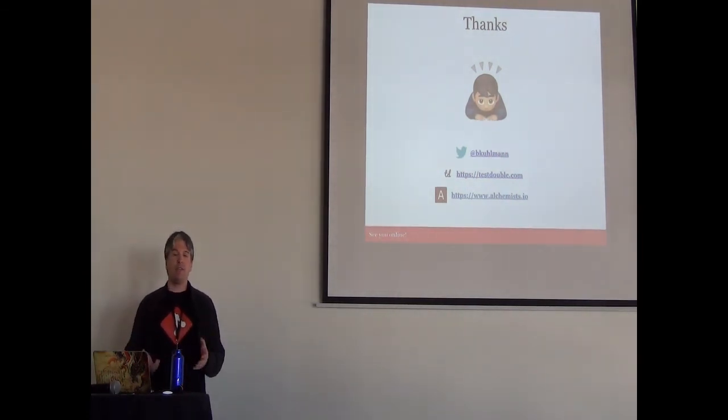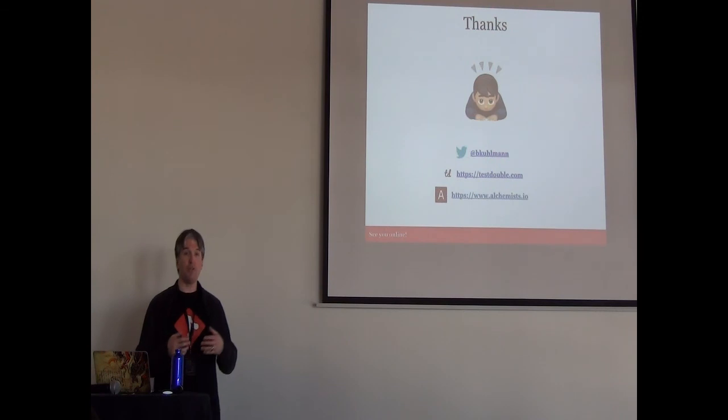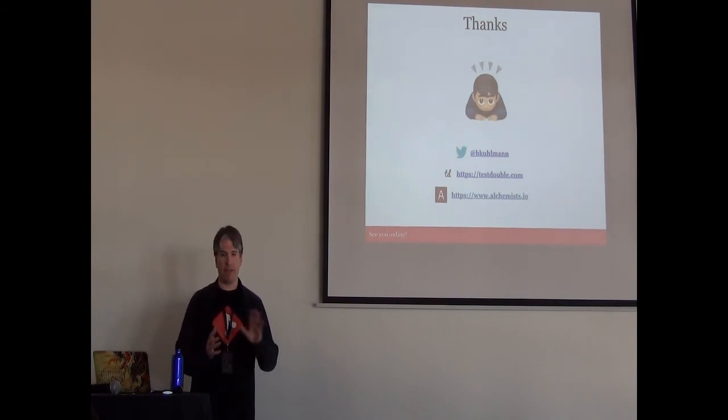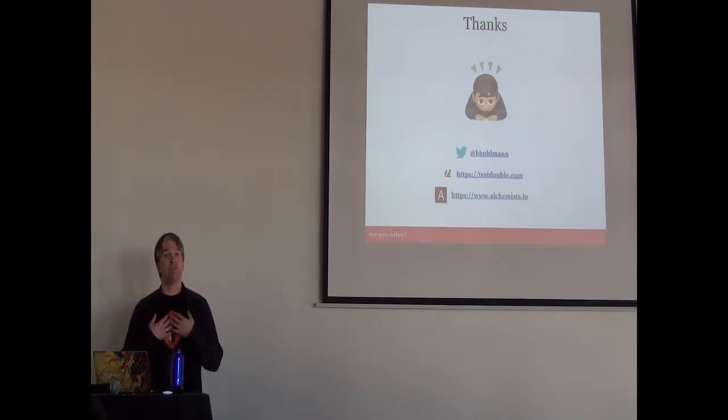If you can't convince your team to do a rebase workflow, you can't get everybody on board to say, yeah, we're going to rebase all the time, then you can say, okay, fine, I'll do it on my feature branches. You can live as a rebaser within a merge team by always rebasing on your feature branch.